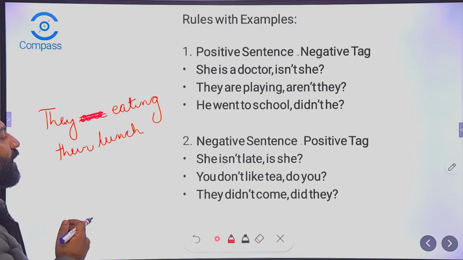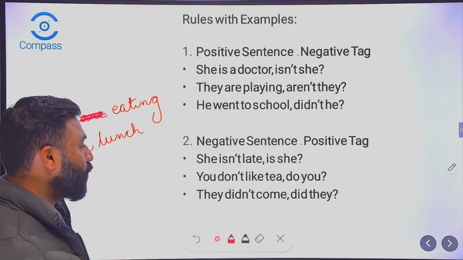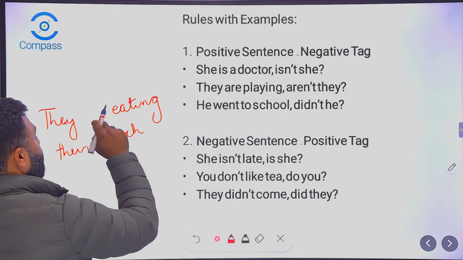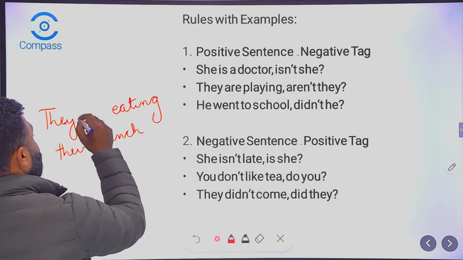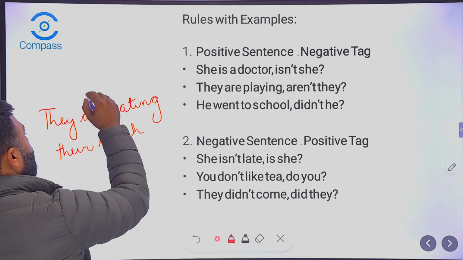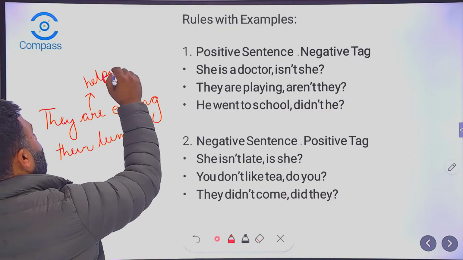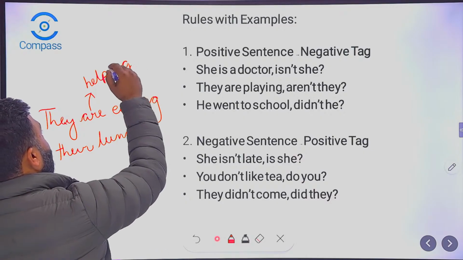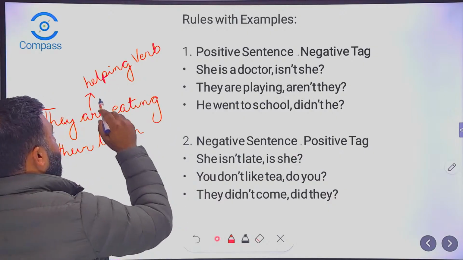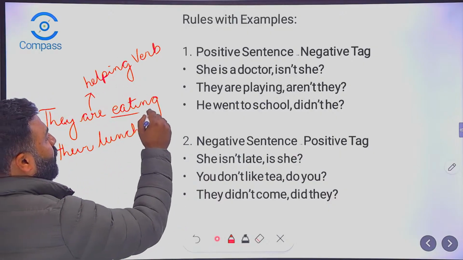They eating their lunch. Will it be correct? No. So what do we have to do here? We need to provide an auxiliary verb, are. This is called a helping verb, and the helping verb provides help to the main verb.